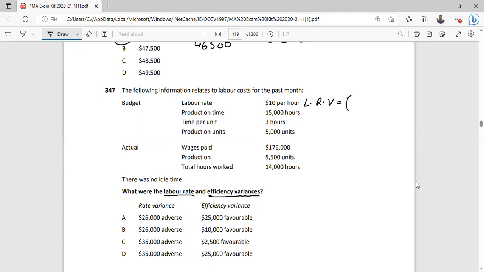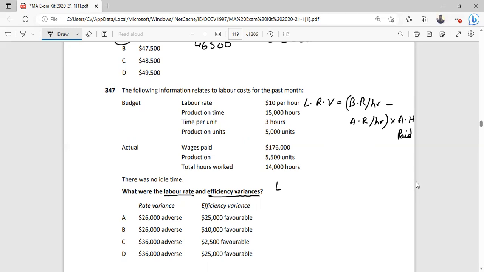Labor rate variance is equal to budgeted rate per hour minus actual rate per hour, into actual hours paid.